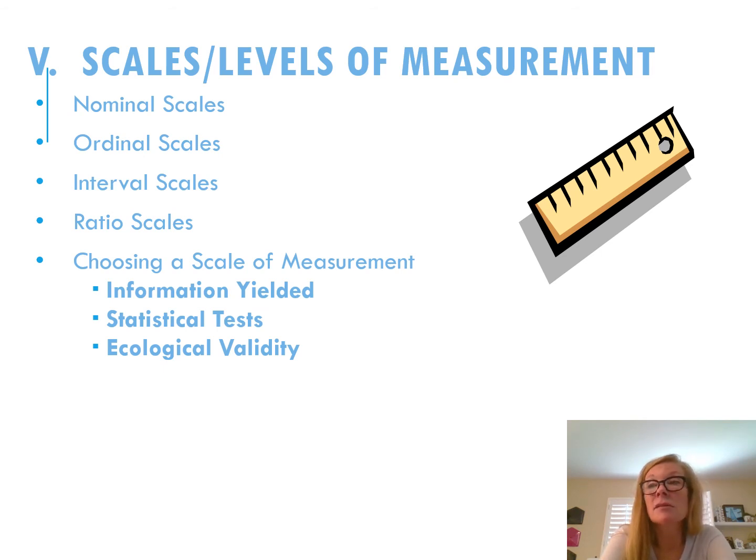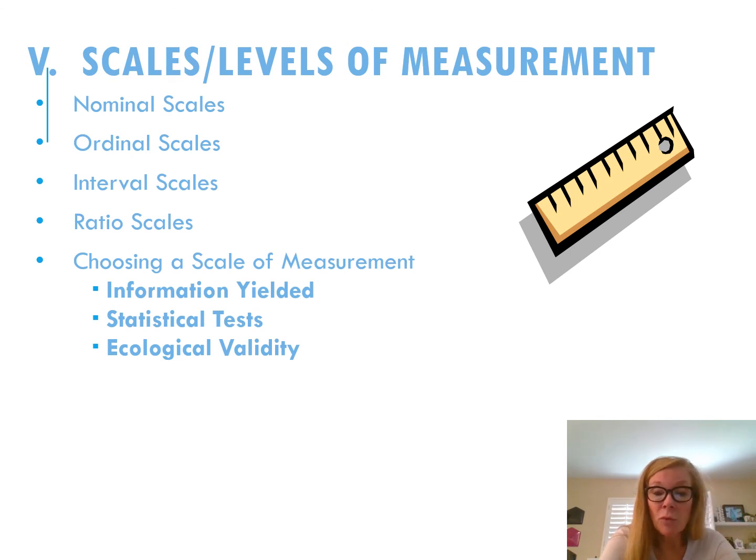But obviously some variables can only be measured according to one scale or another. For example, gender is nominal. Age in years is ratio. You can be 0 years old, you can be 40 years old, it's a quantity of years.